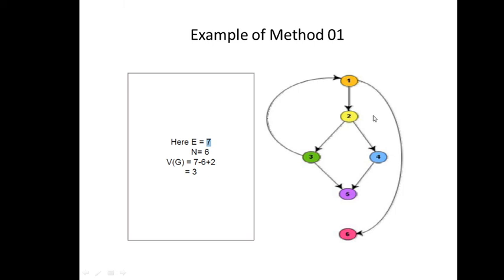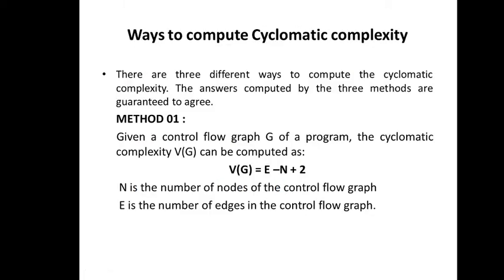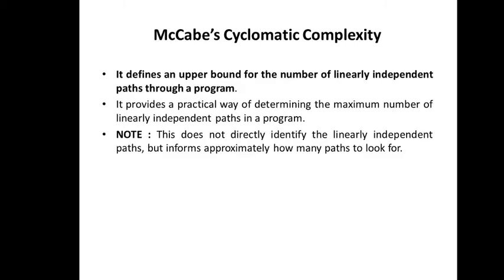But if you don't know the total number, you will try to search. Somebody would search 1, somebody would search 10, somebody would search 7. So it's not a standard one. So this McCabe cyclomatic complexity method will calculate the upper bound, or the total number of linear independent paths.